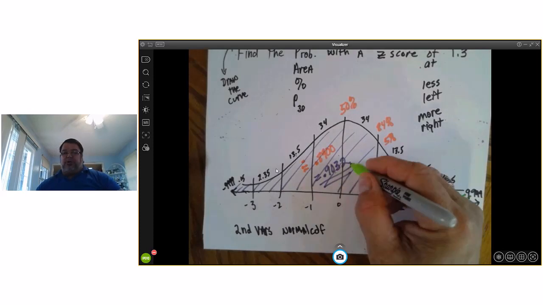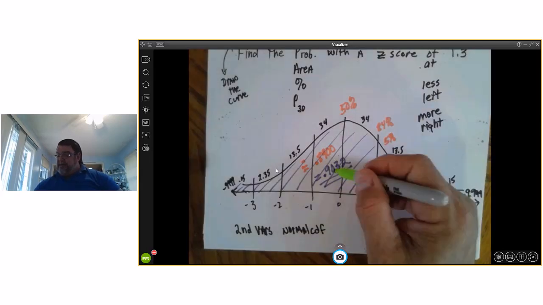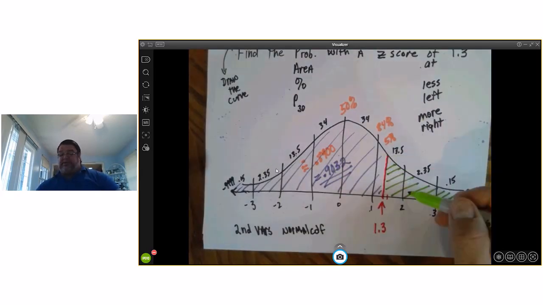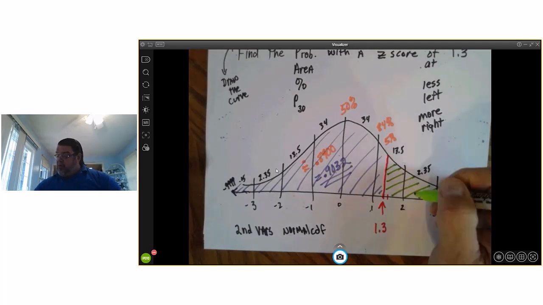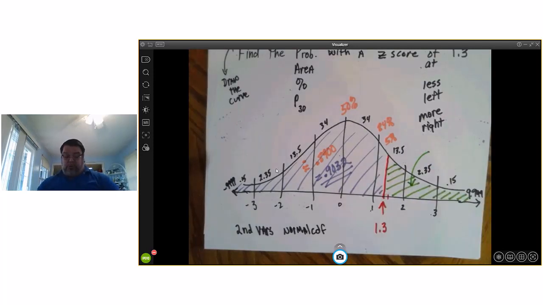What's under the curve? The whole curve is 1. So if this is 90 cents, then this is going to be around what? 10 cents. So this area right here is going to be equal to 1 in black, because 1 is what's under the curve, minus the area to the left of your mark, 0.9032.